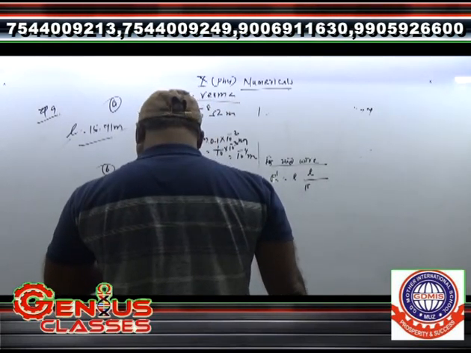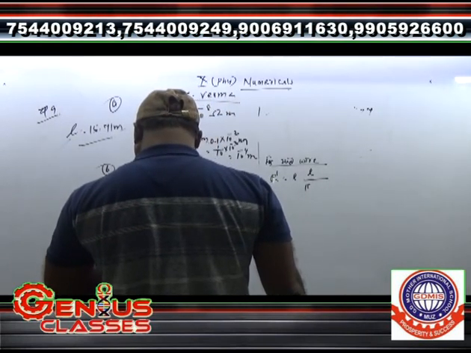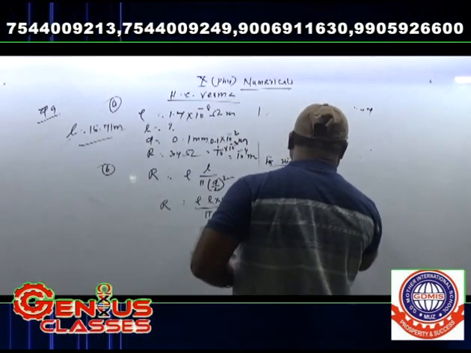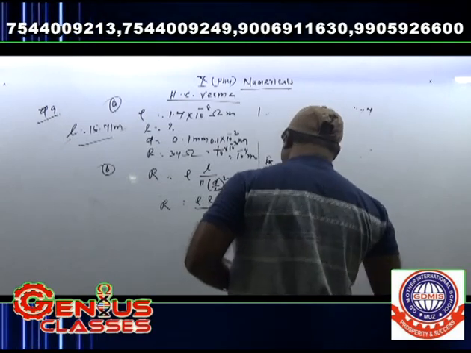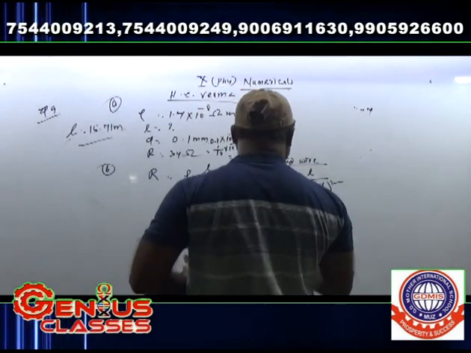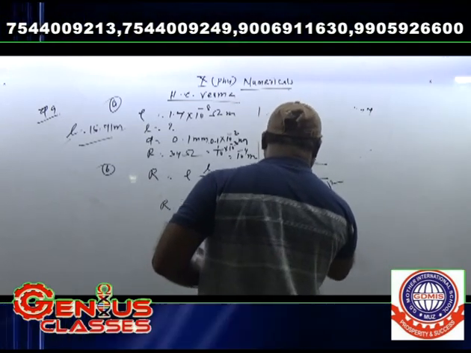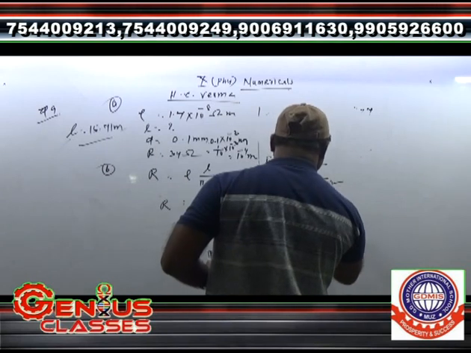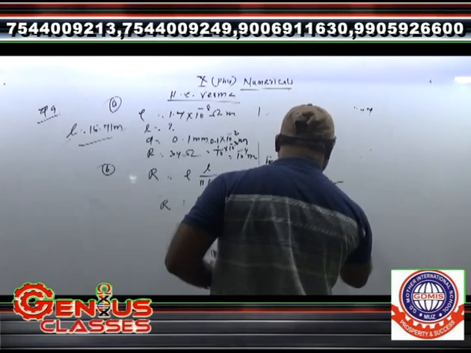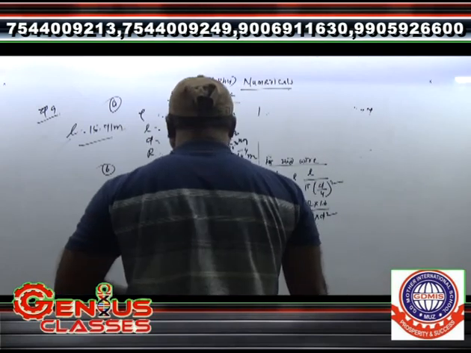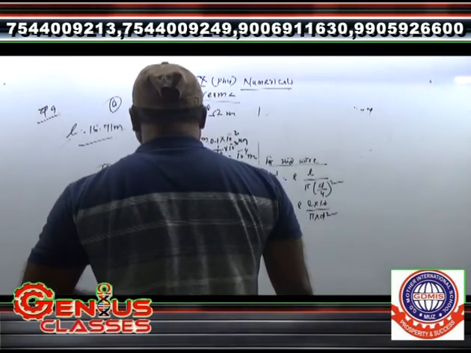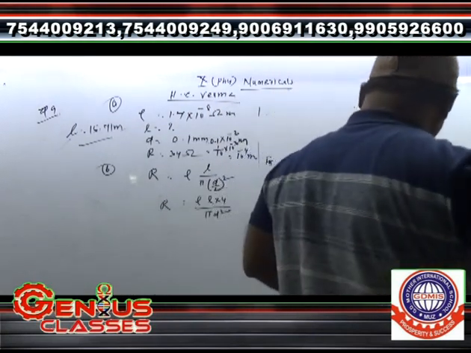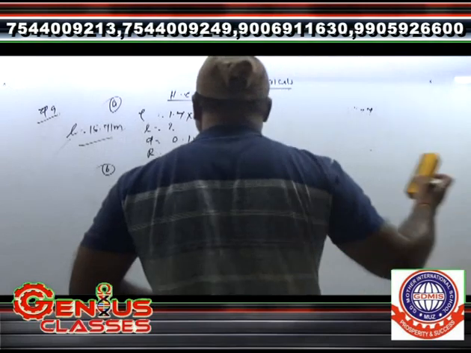Here is the question: half of the diameter, that means D by 4 whole squared. Put it in and you will get rho L into 16 by pi D squared. If you get the ratio, simple, divide both.